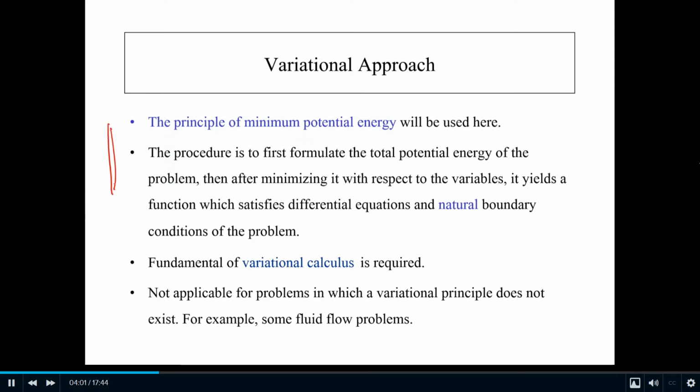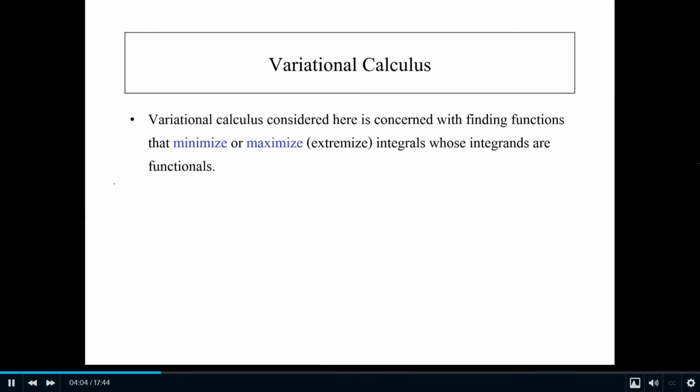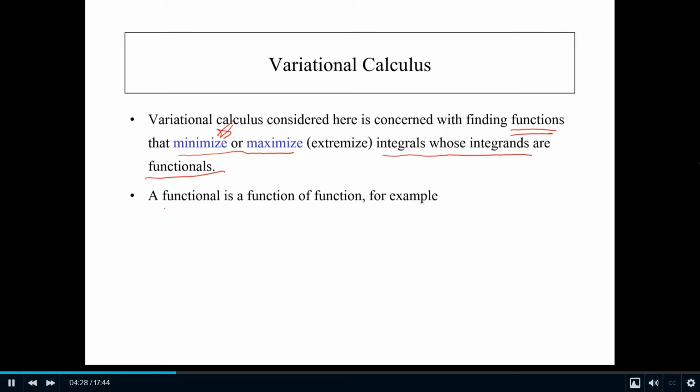Let's just see what happens here. The variational calculus that would be adopted here is concerned with finding functions that minimize or maximize integrals whose integrands are functionals. So what is this? A functional is a function of a function.